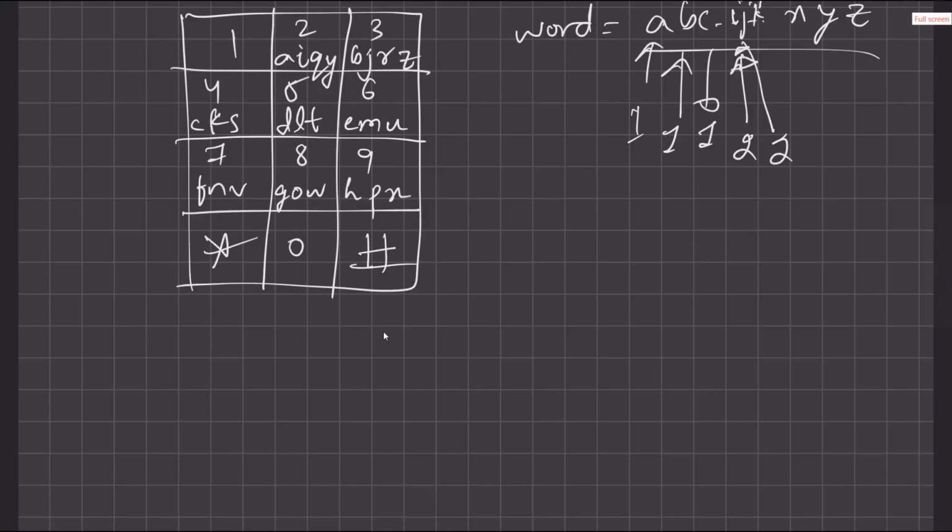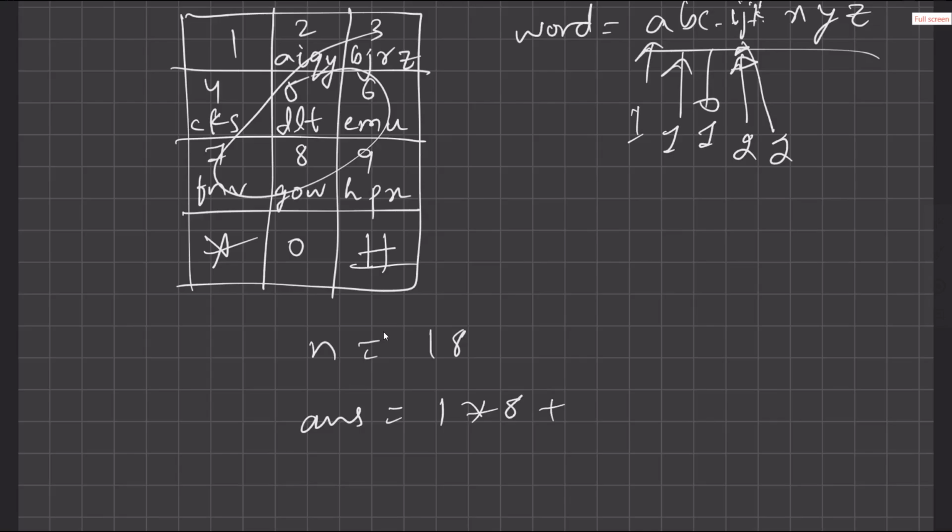Since the word contains distinct characters, you just need to make sure. Let's say your word length has 18 characters. So in that case, the first eight characters will be spread across the keypad. So it will be 1 into 8.